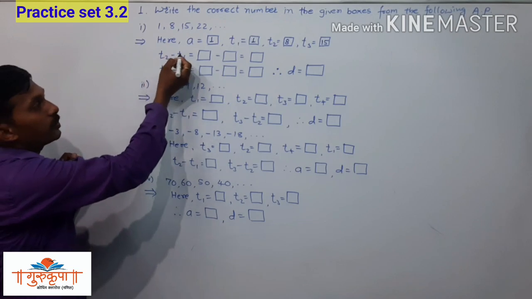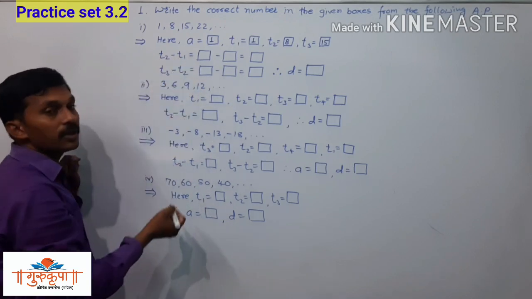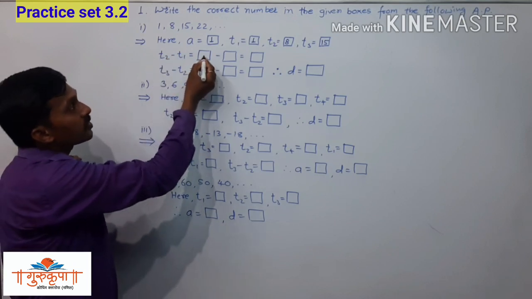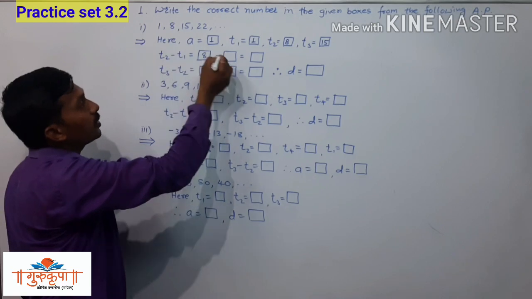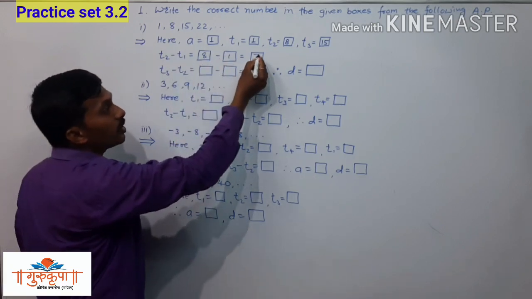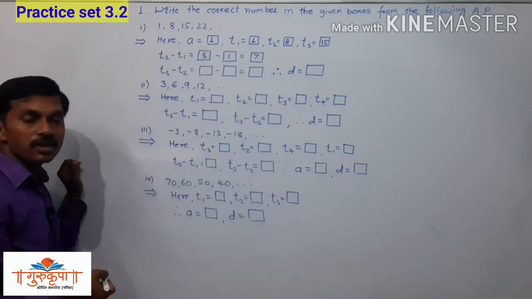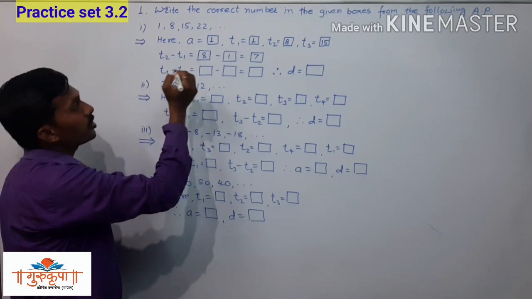Then here we have T2 minus T1. In place of T2 we write 8, and in place of T1 we write 1, that is 8 minus 1, which is equal to 7. Then we write T3 minus T2.